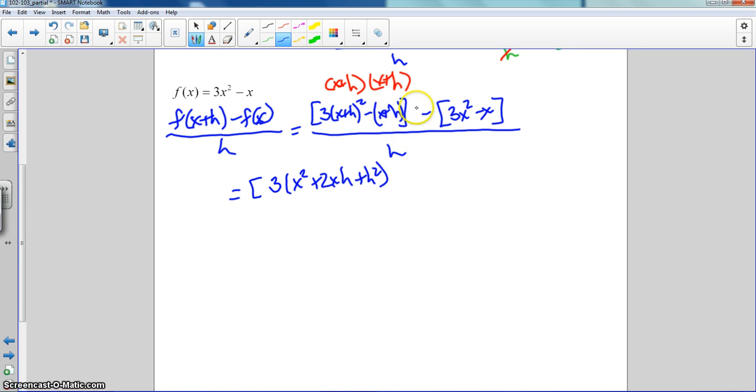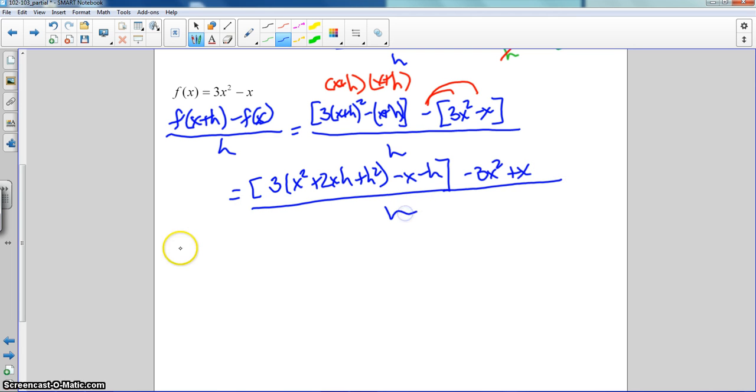And then distribute the negative, minus x minus h. And then I'll do some more algebra and distribute the negative here as well, so minus 3x squared plus x all over h.